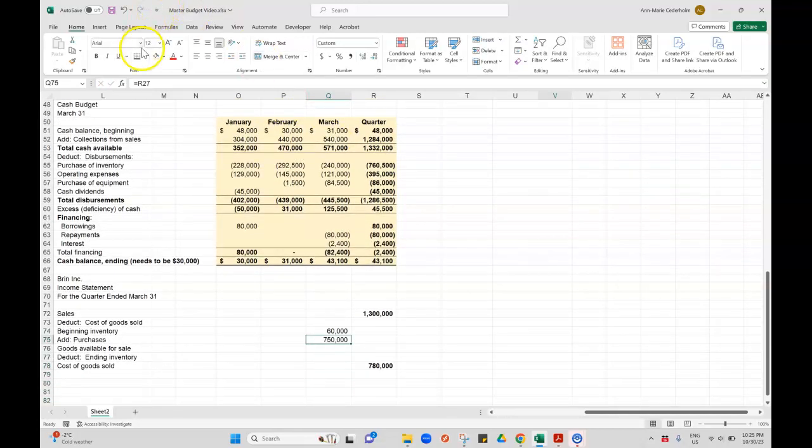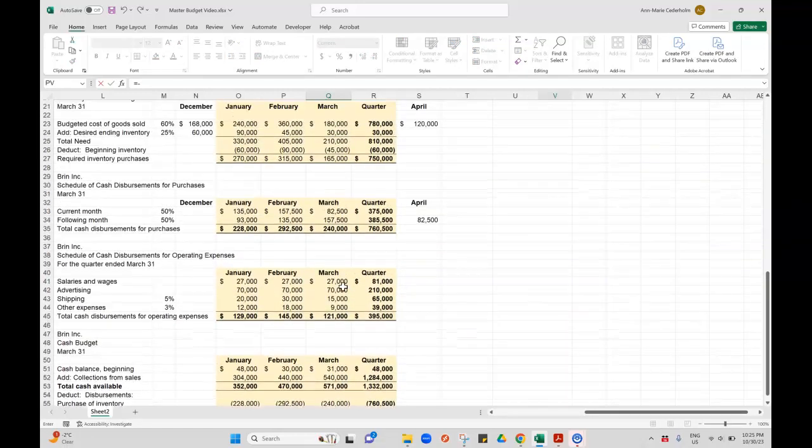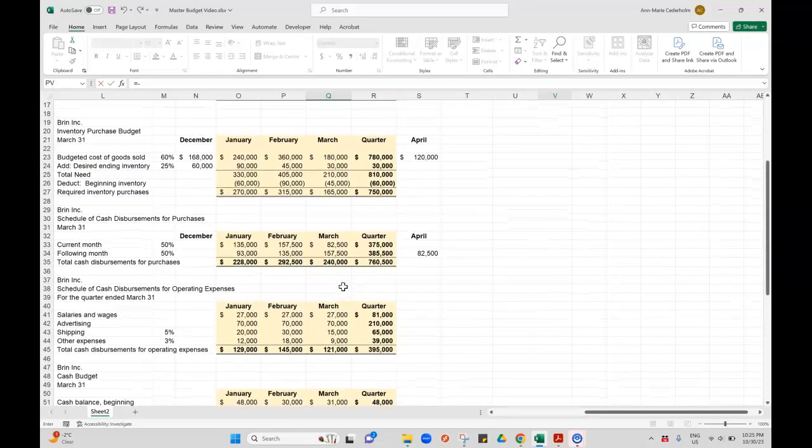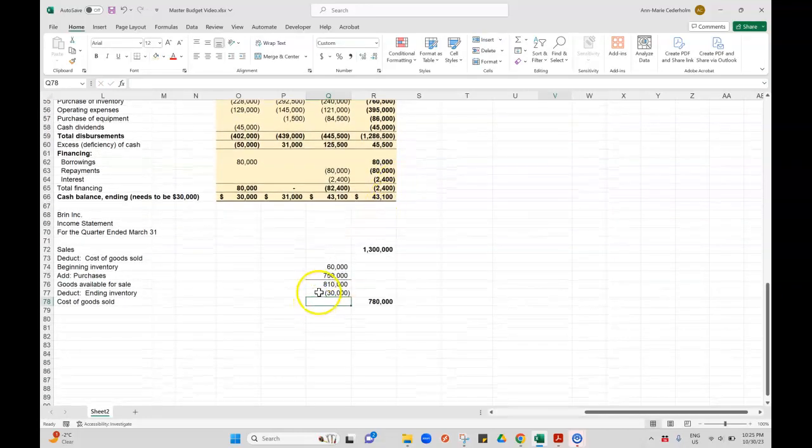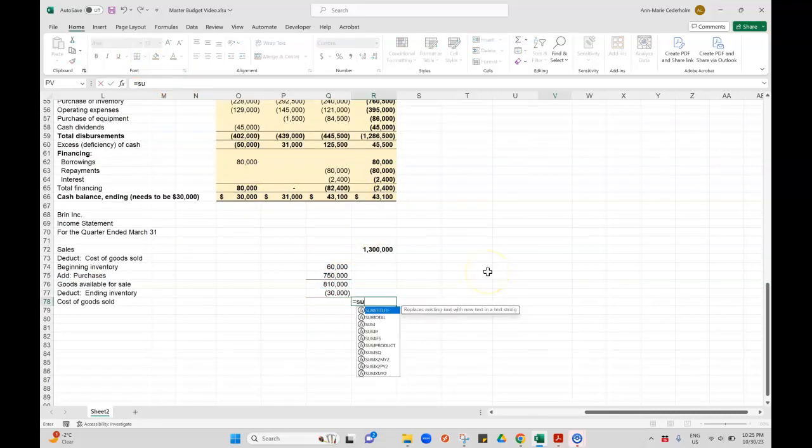And then add those together, and that gives us our goods available. And now I'm going to subtract out the ending inventory, which is right here on the purchase budget, and then that gives you the cost of goods sold.